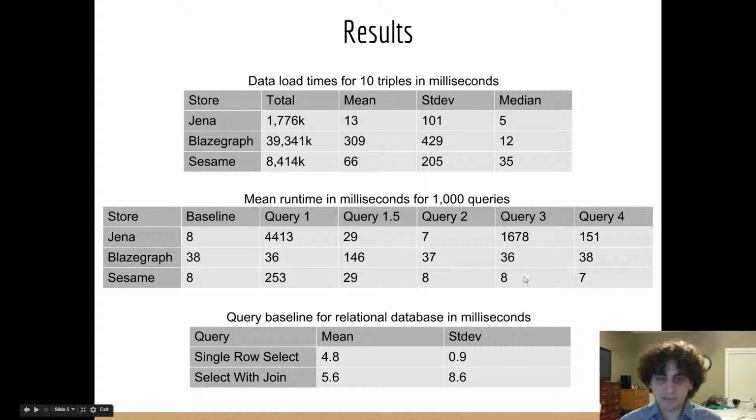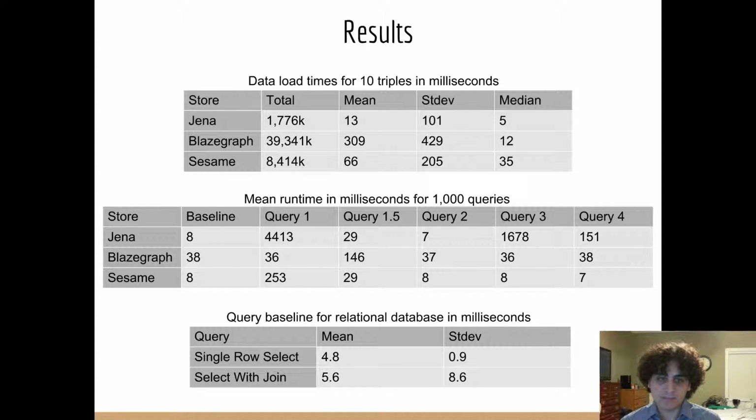When you're looking at the numbers, Query 1.5 is special, as Query 1.5 was a modified version of Query 1. Query 1 was the only query that caused Sesame to produce a very large result, which is because Query 1 used the optional keyword in Sparkle, which is known to cause problems sometimes. In BlazeGraph, it did not cause a problem. BlazeGraph, yet again, with a 30 millisecond time added, it returned in about the same time as any other query.